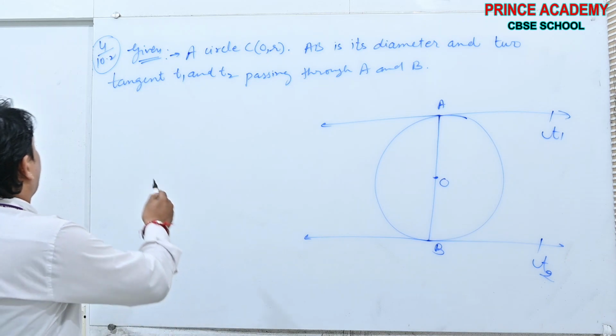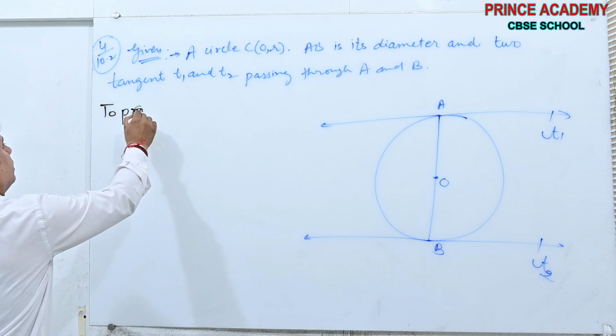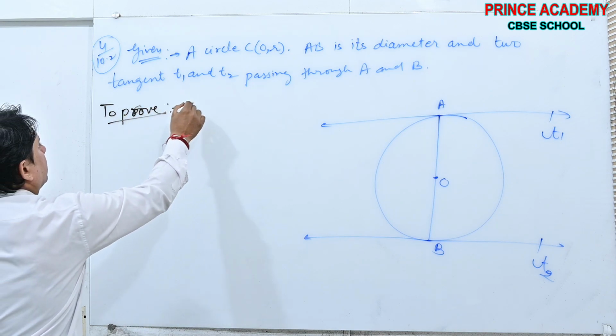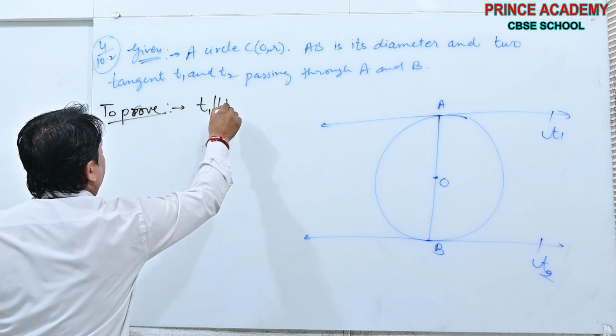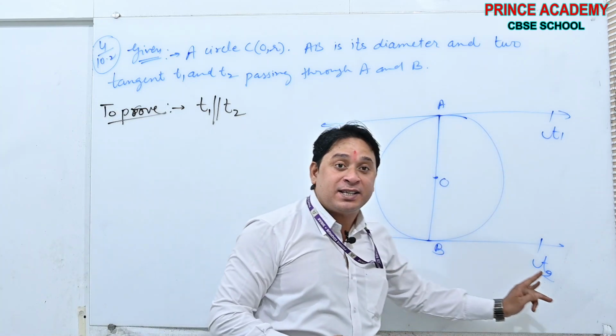Now see, what we have to prove? We have to prove T1 is parallel to T2. This tangent is parallel to this tangent.